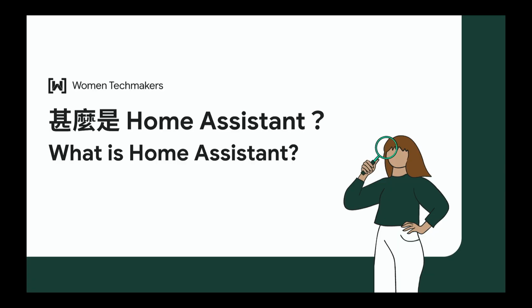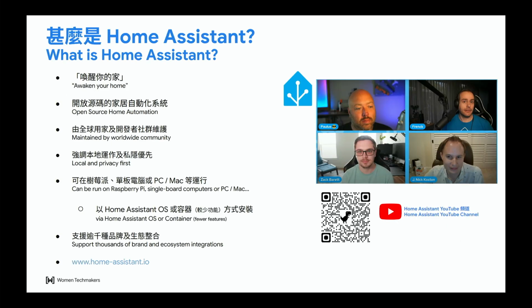So maybe I give everyone some context about what Home Assistant is. Home Assistant is more like an operating system that allows you to connect multiple smart home ecosystems together, and then you can create your own dashboards, your own controls and automation rules, etc. It focuses on local control and privacy, and it's maintained by a worldwide community.